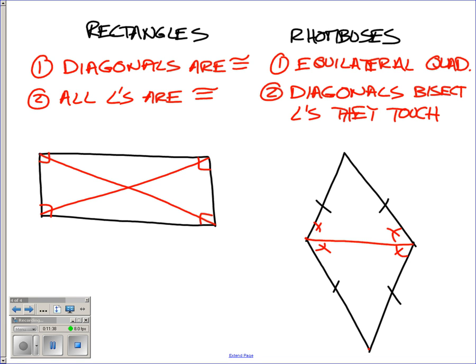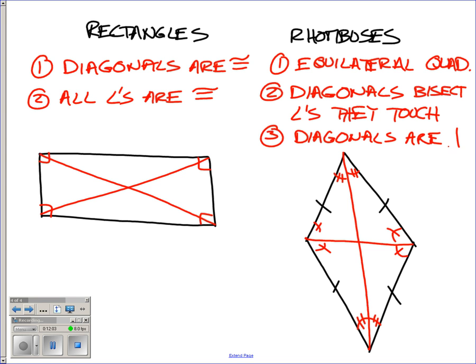So is this one. These two angles here, congruent. These two angles here, congruent. They've been bisected, but it's also got a third one. Look at these two diagonals together, and what angle do they form? Well, they're perpendicular. So the diagonals are perpendicular. All right? So these are some special properties for rhombuses and rectangles.